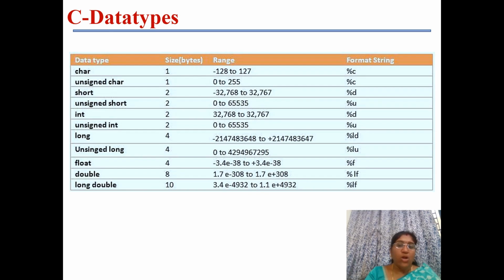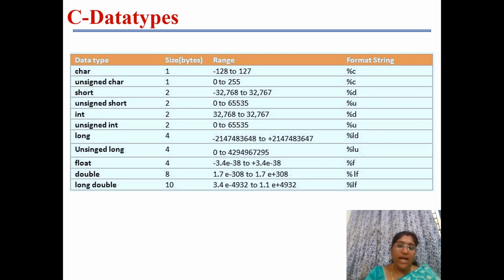Unsigned character allows values from 0 to 255 because it stores only the positive values. The integer data type is further int, short int and long int. Short and int are 2 bytes, while long int is 4 bytes. Unsigned variants only store positive numbers.